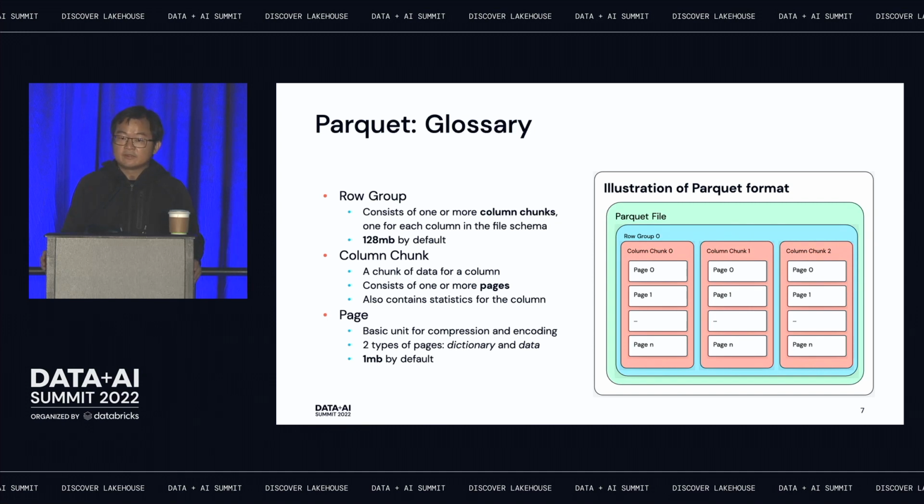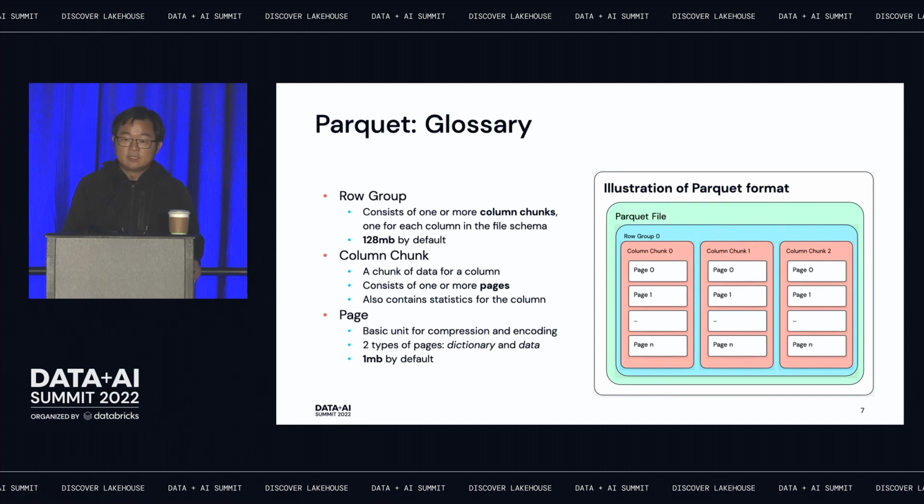It, again, contains one or more pages. Each column chunk has its own statistics about the values stored in it, for instance, the minimum value, the maximum value, the number of nulls, the number of total values, and so on and so forth.